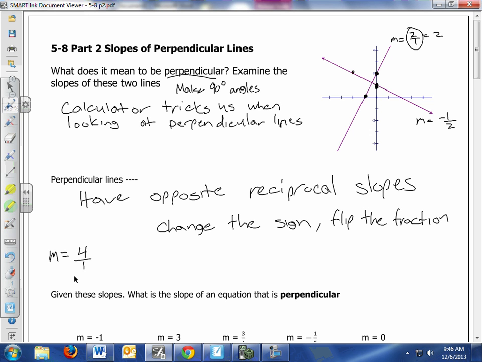That's it. So simple. This upside down capital T is the mathematical symbol for things being perpendicular. So the slope of something perpendicular, you can write like this: slope of something perpendicular would be equal to negative 1/4.